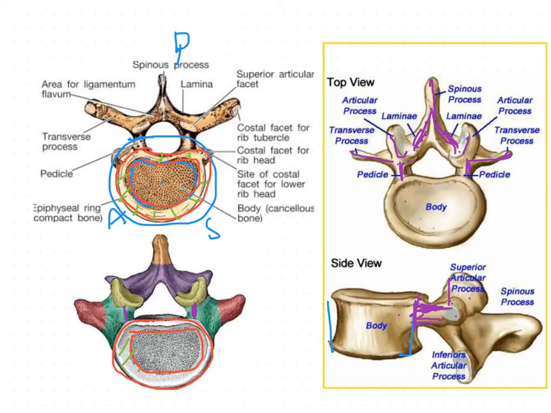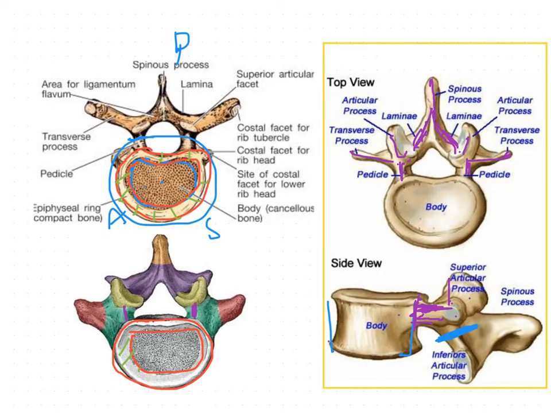Another important part of the laminae is the part which is present between the superior articular process and the inferior articular process. This part is called the pars articularis.